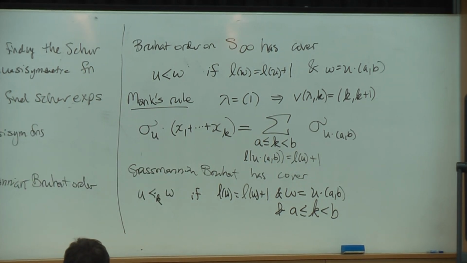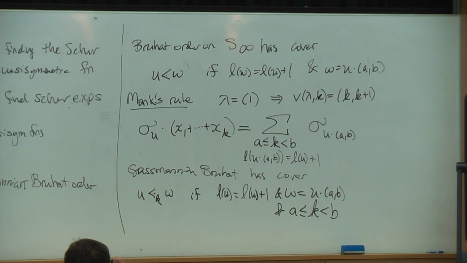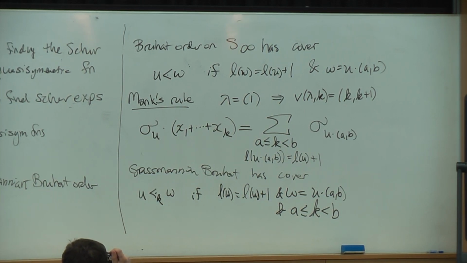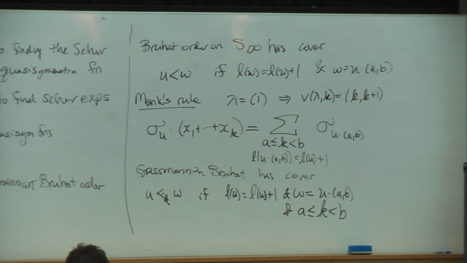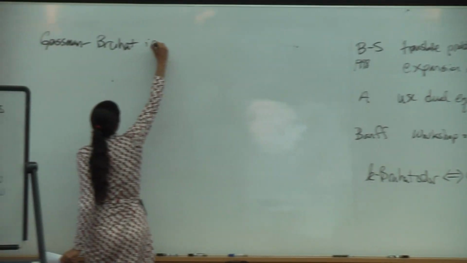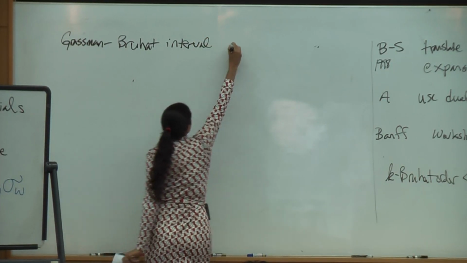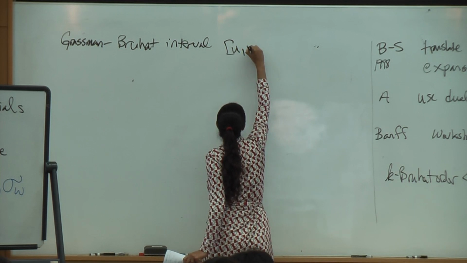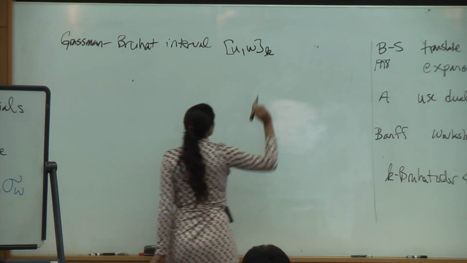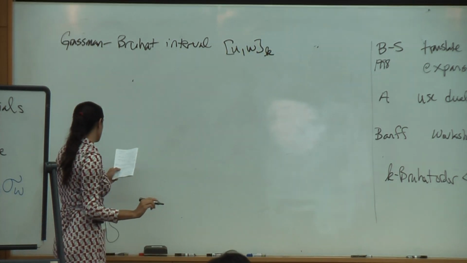So I now have a new order, and I want to talk about chains in it. When I say a chain, I mean a saturated chain. I guess a Grassmannian Bruhat interval, which is going to be denoted [u,w] with a little k, depending on what k is.